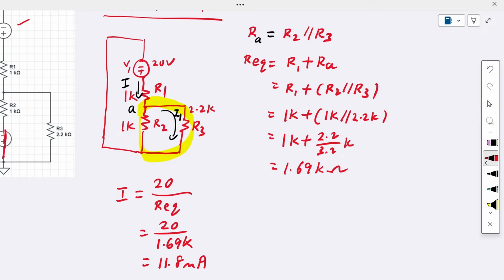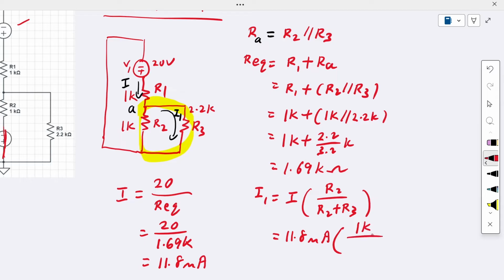This capital I is now split into two. We can use the current divider to find I1. So I1 is equal to I multiplied by R2 divided by R2 plus R3. So this is 11.8 milliampere times R2, 1K, divided by R2 plus R3, 1K plus 2.2K, which is 3.2K.